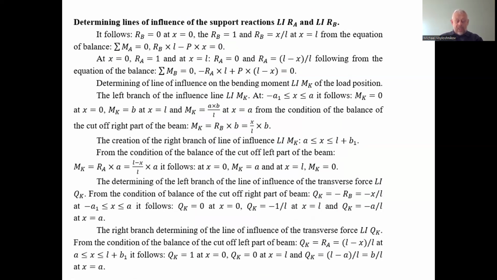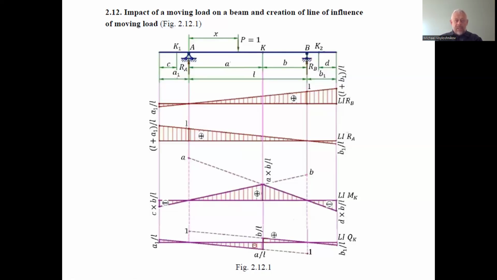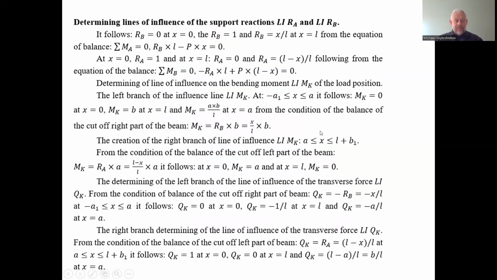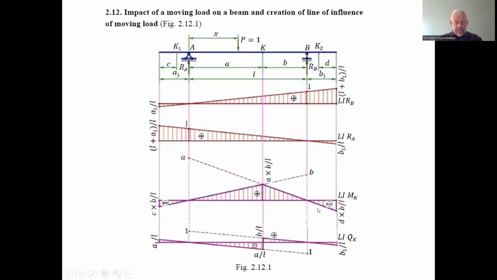Next, we can find the line of influence of the location of the unit force on the bending moment at the point K. Just assign an arbitrary point K in the span between the supports A and B. We consider this line of influence as consisting of two branches: the left branch and the right branch.